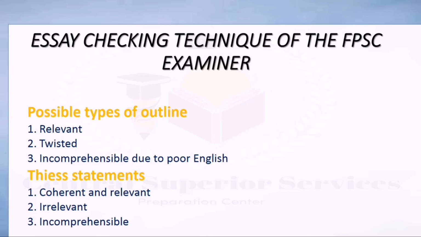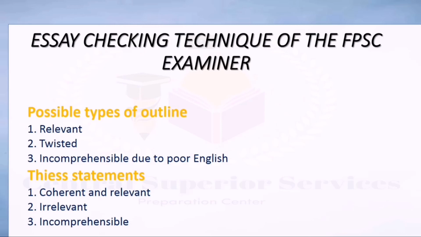If the thesis is irrelevant but the outline was relevant, the examiner gives them a fighting chance. He reads the introductory paragraph to see if it conveys some sense as a whole. He continues if the essay is coherent and strong till the end, and his eyes do not find mistakes while turning the pages. This type of candidate can make it through.